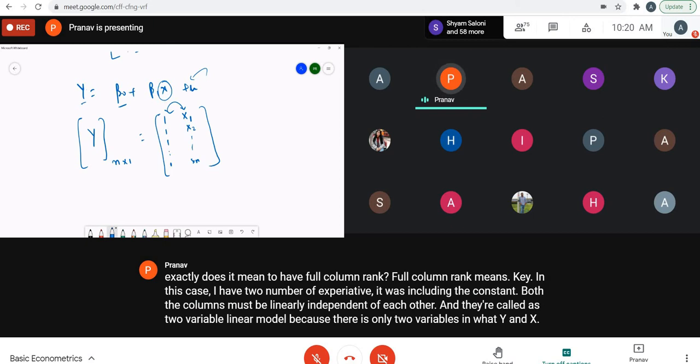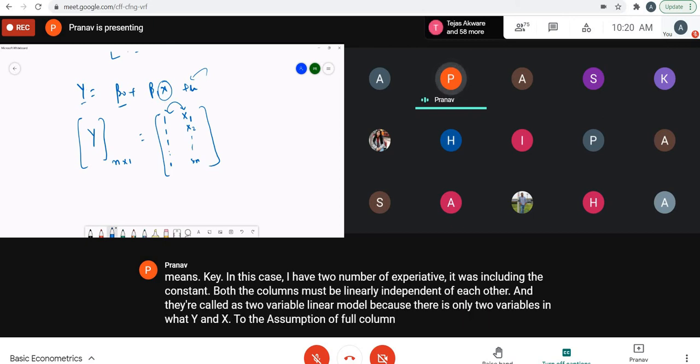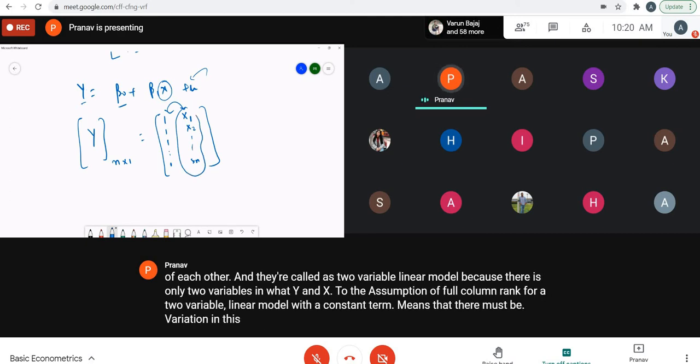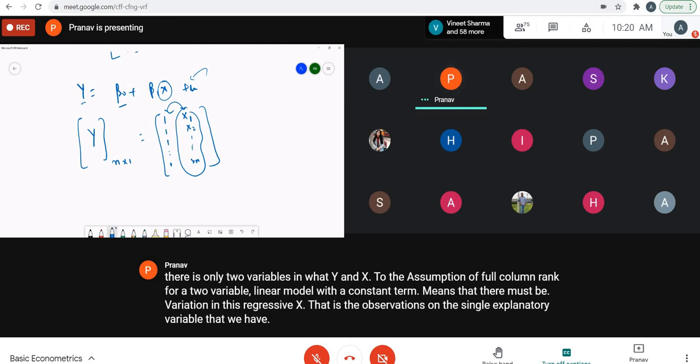So the assumption of full column rank for a two-variable linear model with a constant term means that there must be variation in this regressor X. That is, there must be a sufficient degree of variation amongst the observations on the single explanatory variable that we have.